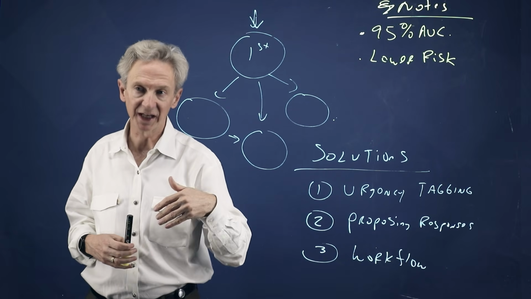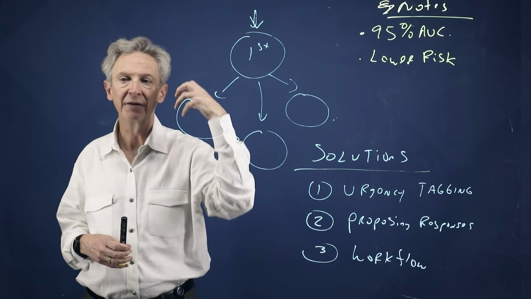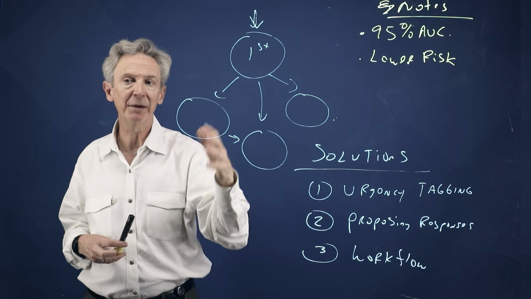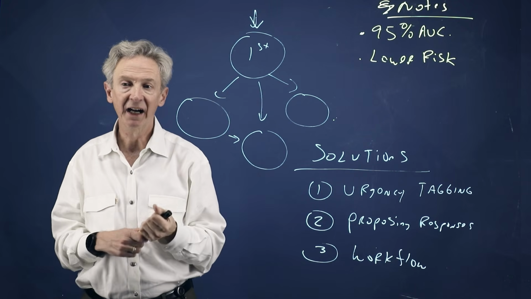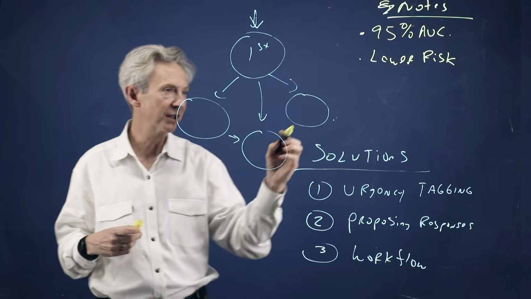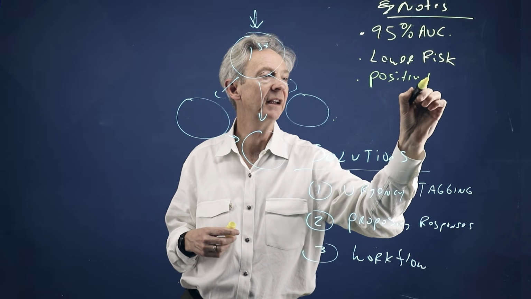You respond to every message anyway. It just helps you sort, filter, and get it to the right person earlier. So it ends up being a lower risk use of AI, which is important, of course, for adoption and that sort of thing.